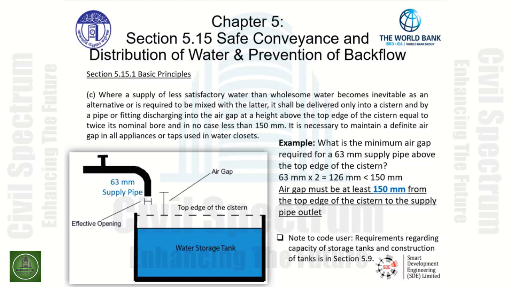It is necessary to maintain a definite air gap in all appliances or traps used in water closets.